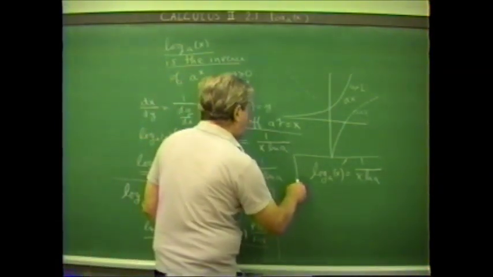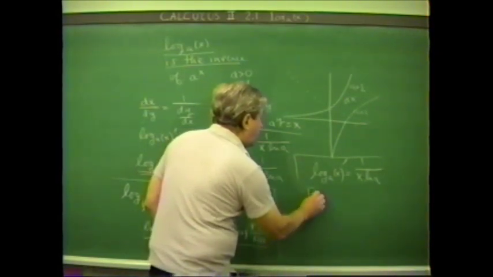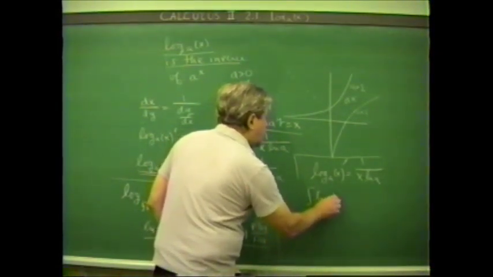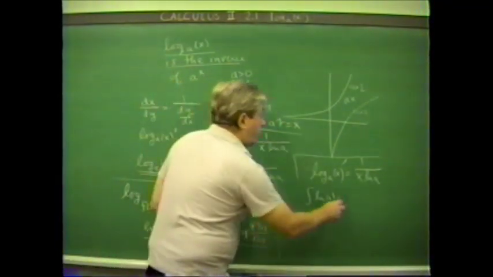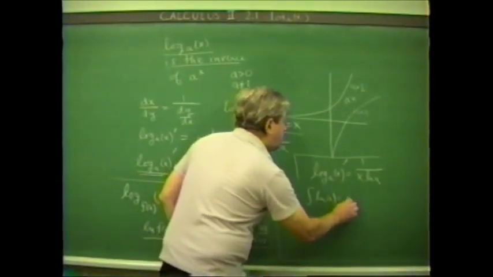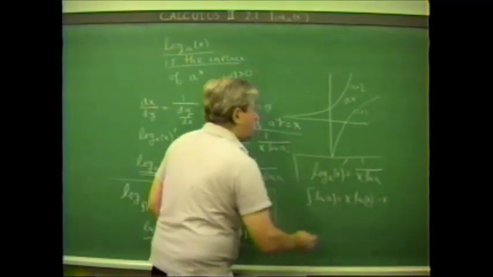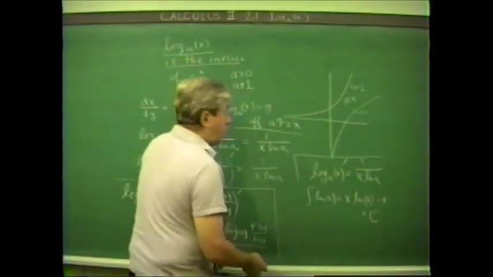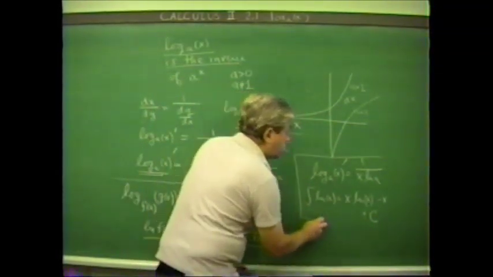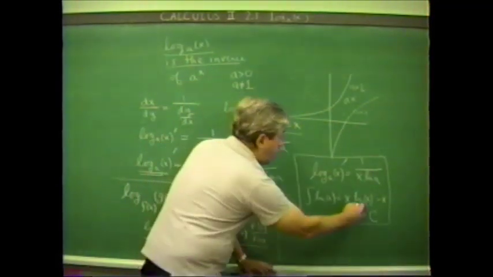Perhaps something else to note here is that the antiderivative of natural log of x is, well, I'm just going to give it, you can check that it's right. It's x log x minus x, plus any constant, of course. And you can check easily that this is correct by differentiating the right-hand side.